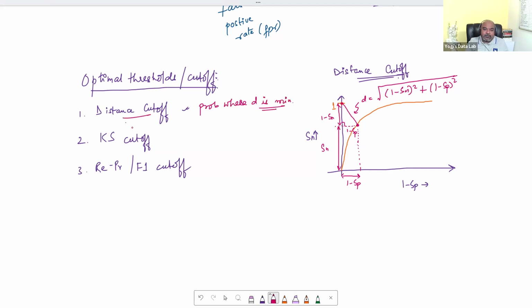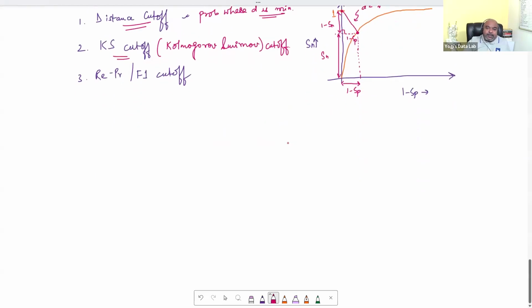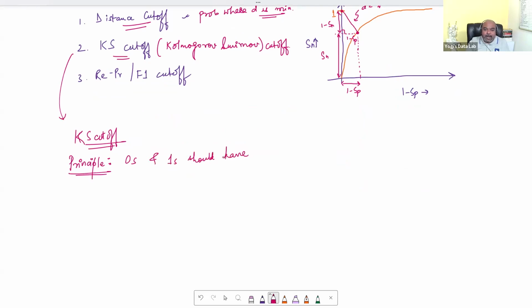Now the other thing is KS cutoff. KS stands for Kolmogorov Smirnov cutoff. The principle of KS cutoff is that zeros and ones should have maximum separation. So first let us look at the mathematics of how it is done.